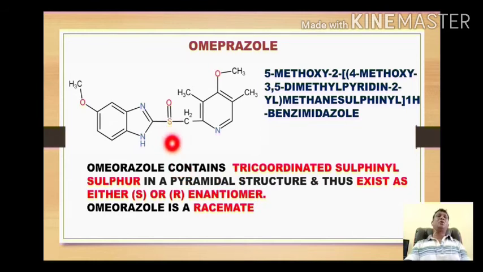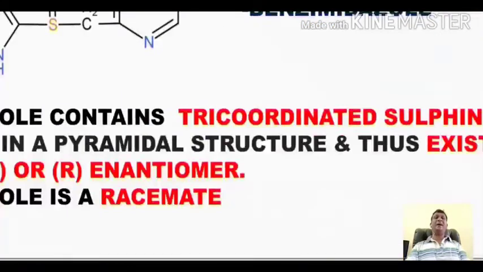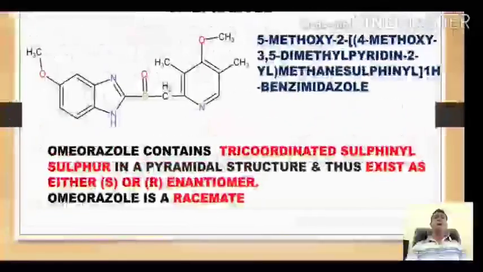Besides this, it also has a pair of electrons, due to which this compound, consisting of the sulfinyl group, exists in 2 isomeric forms, the S and the R enantiomers.